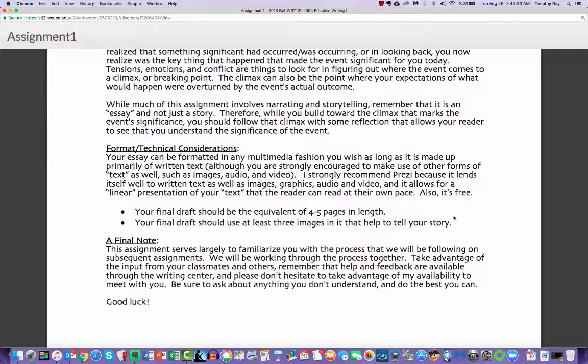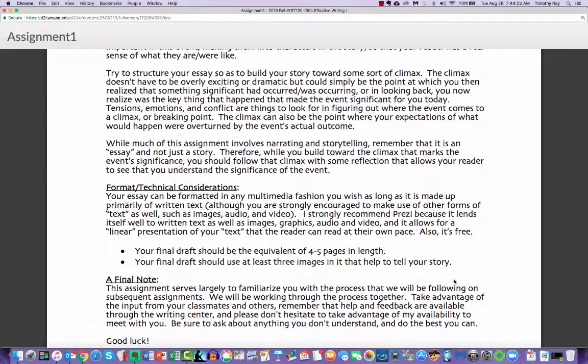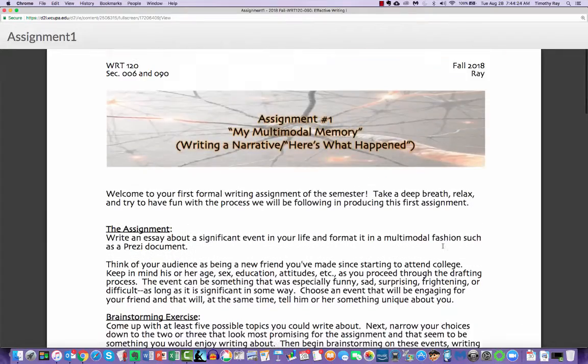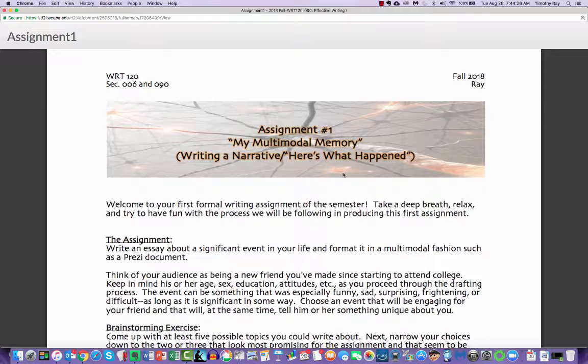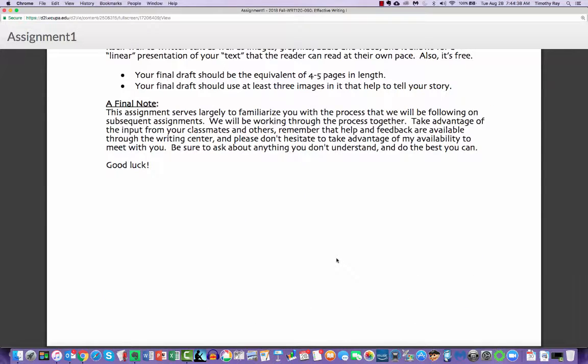Another thing that I encourage you to do, hang on while I zoom back up to the top, is if you're going to do an illustrated essay in Word, that you have some type of a banner like this at the top, and I'll show you how to make that. So, okay, hang on, zooming back down to the bottom. And final note, this assignment serves largely to familiarize you with the process that we'll be following in subsequent assignments.